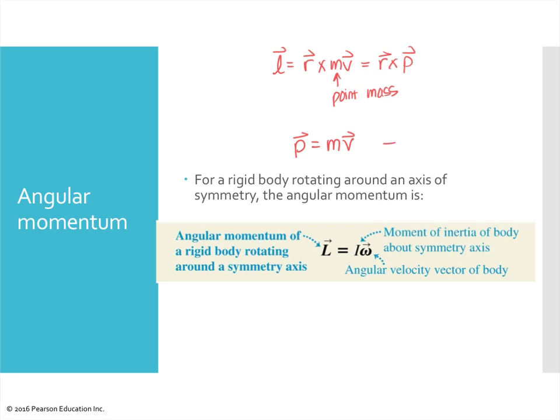And if you do that, for angular momentum, we would replace mass by the moment of inertia, and we would replace velocity by angular velocity. And it is actually true, this relationship does hold true, that for a rigid body rotating about some axis, we would define its angular momentum as a product of its moment of inertia and its angular velocity.